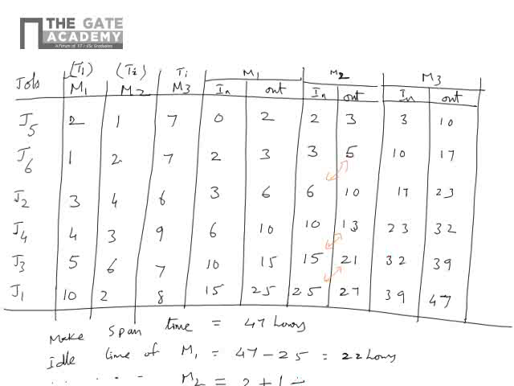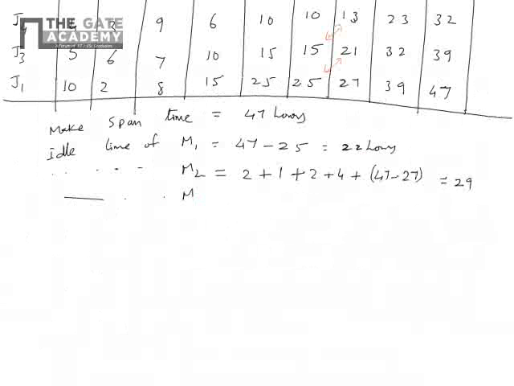So 2 plus 1 plus 2 plus 4, this is the total idle, 47 minus 27, so overall 20 hours. Idle time of machine 3 equals 3 hours initially, then later on it is not idle at all, 3 hours.